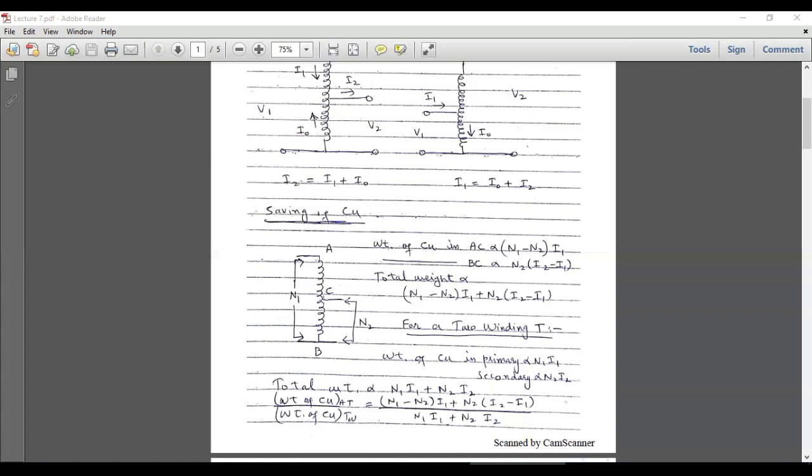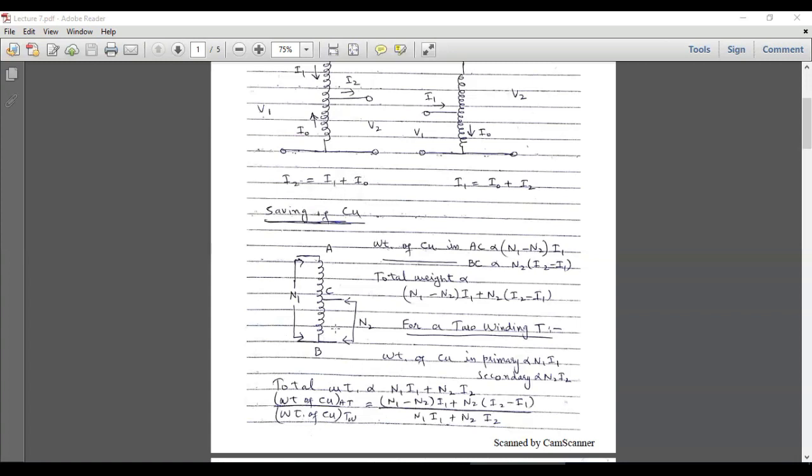So number of turns in AC will be equal to N1 minus N2, and the current flowing through this AC branch is actually I1. Now we will consider this branch, and in this branch, number of turns are equal to N2, and the current, in this case, is I naught. And from this expression, I naught is equal to I2 minus I1.